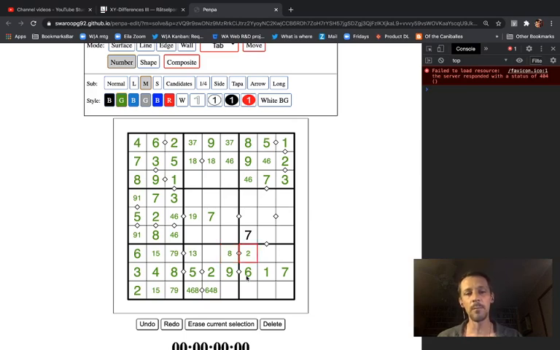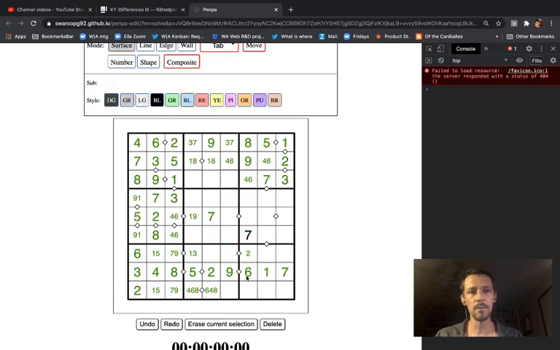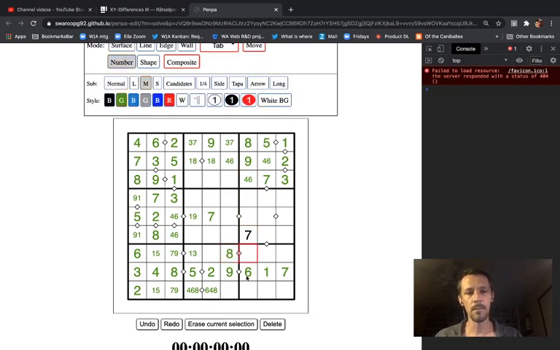And 2, 8 can't work because there's already an 8 in this column. So this has to be 8 and 2. And that's convenient because that eliminates an 8 from here. Okay, thank goodness. So that's a 4, 6 pair. 8, 2, 4, 6, 5, 2, 9. Okay, cool.